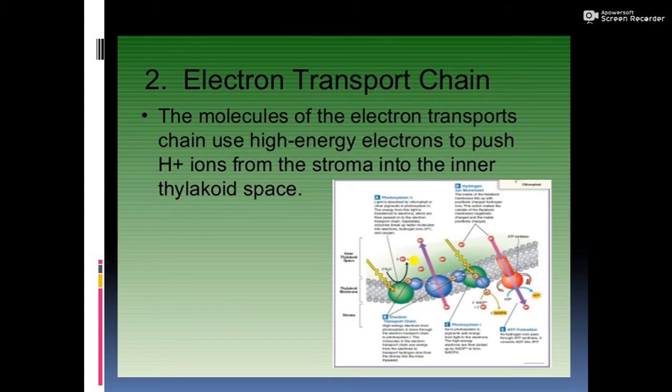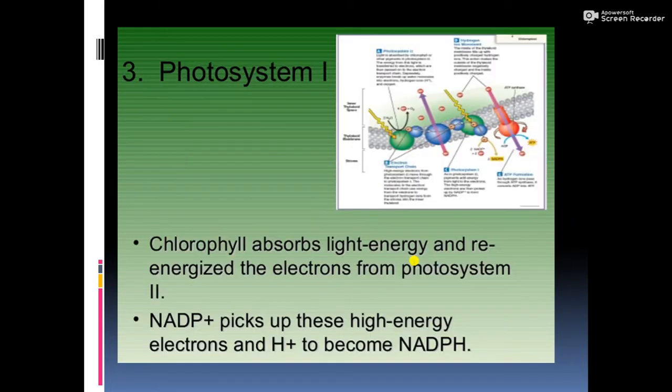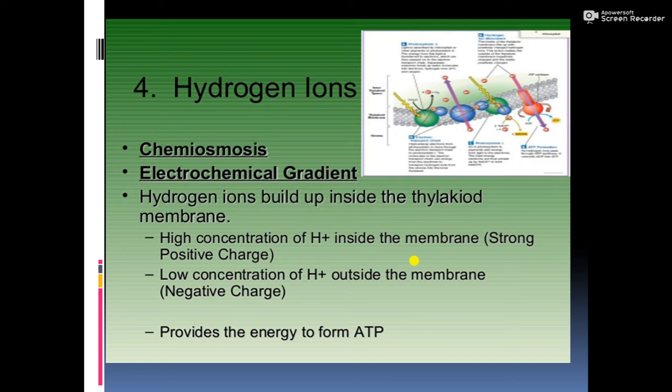The molecules of the electron transport chain use high energy electrons to push hydrogen ions from the stroma into the inner thylakoid space, and then chlorophyll absorbs light energy and re-energizes the electrons from photosystem 2. NADP picks up these high energy electrons and hydrogen ion to become NADPH. That happens in photosystem 1.